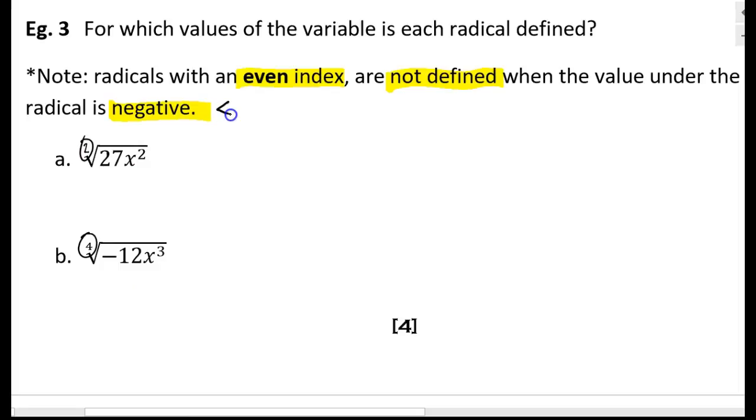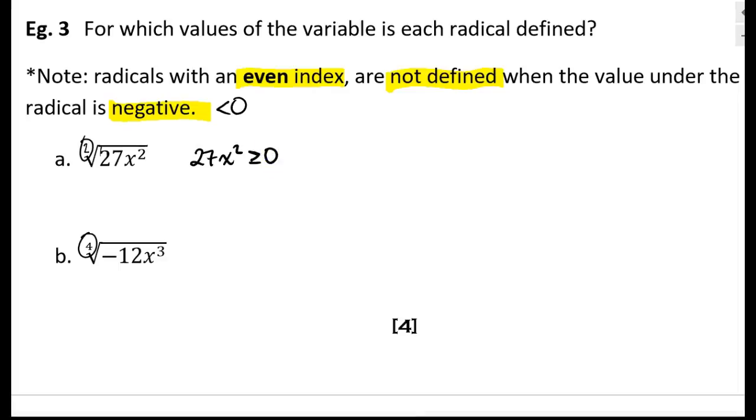Negative is less than 0, remember. So when I look at this and I have to determine where my variable is defined, I can take my entire piece under the radical and I'm going to set up an inequality. So 27x squared has to be bigger than or equal to 0.